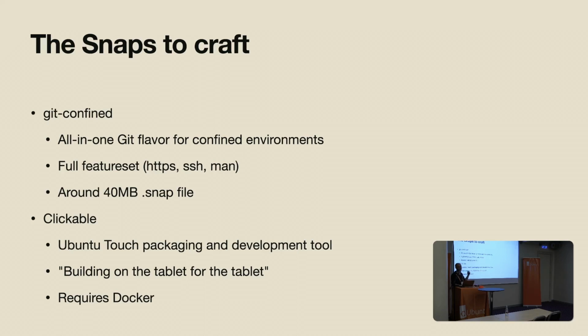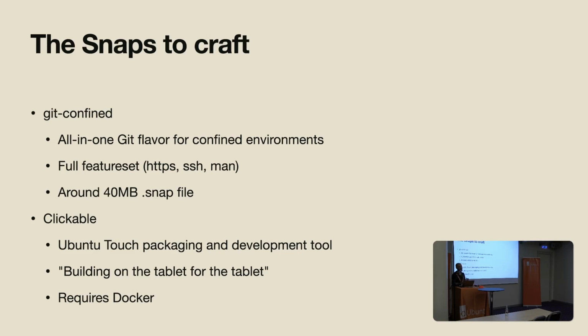But it's got the regular Git feature set, so HTTPS clones and pushes, SSH, man, whatever is used inside of the Git repository that is built as part of Git is inside of Git confined. It just follows the rules of the respective packaging format, in this case, Snap.